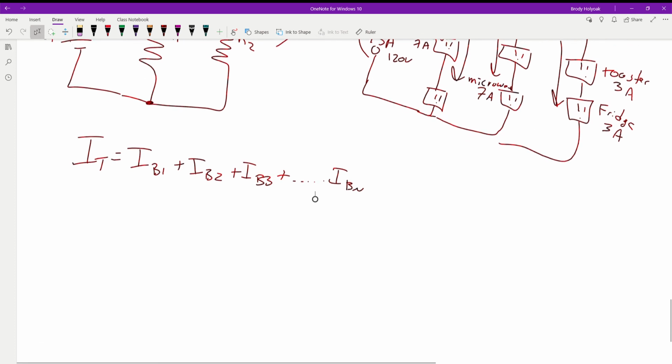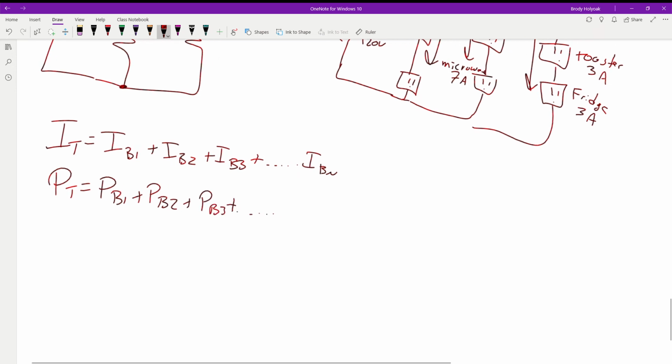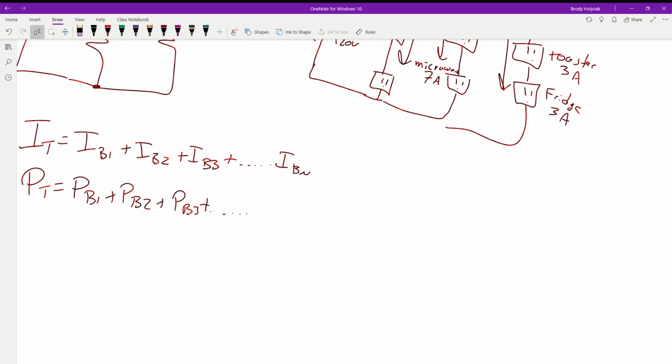Our power is going to be equal to the power in branch 1, the power in branch 2, power in branch 3, and so on and so forth as well. So power doesn't change. It's always added together.